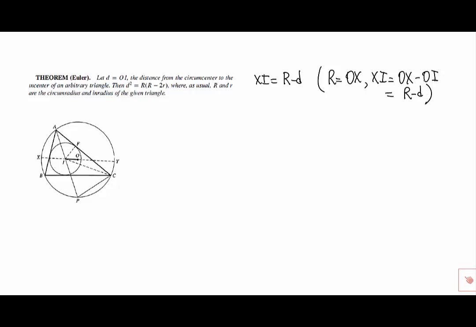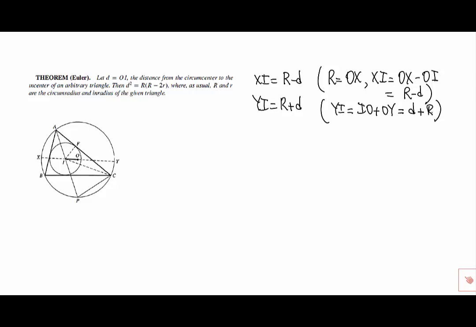Okay, and then YI is big R plus d. Notice again that here YI is IO plus OY, but IO is again d and OY is big R.